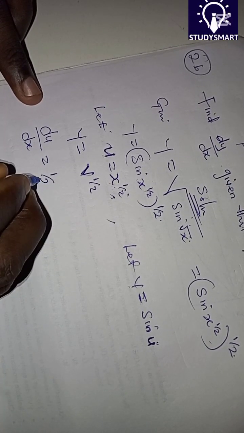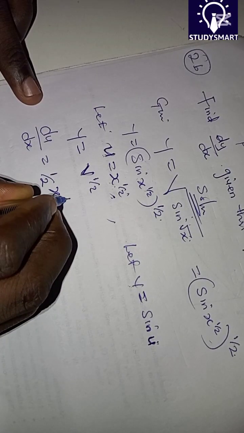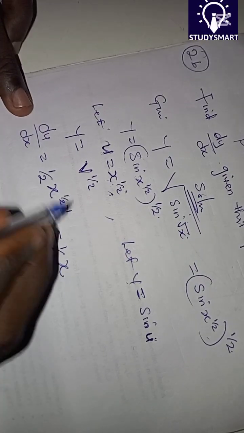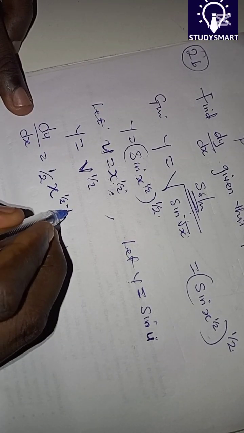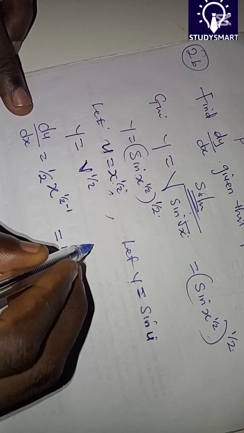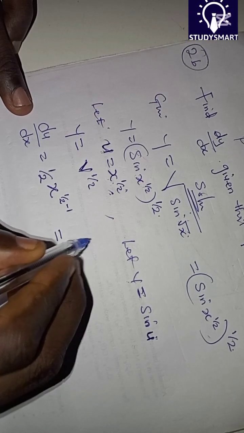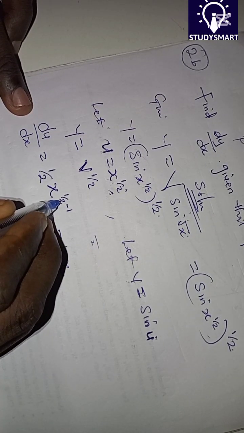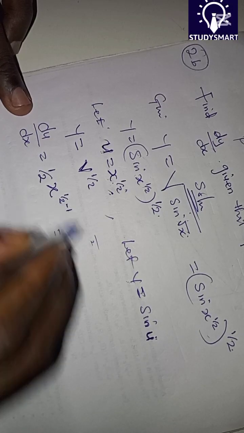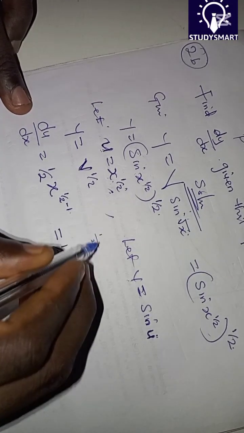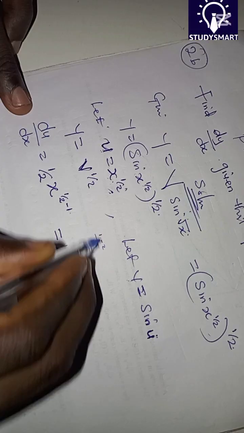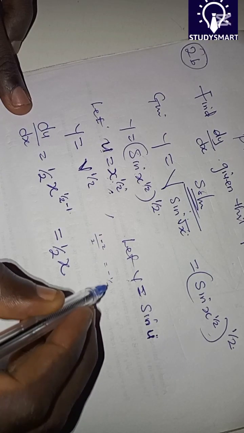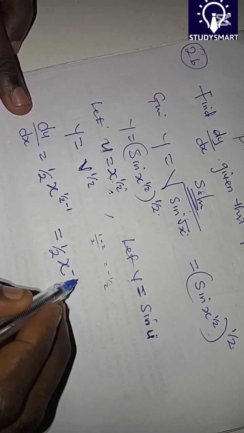I'll have 1 over 2 x raised to the power 1 over 2 minus 1, which is going to give me 1 over 2 x raised to the power, with LCM 2, 1 minus 2 over 2, giving minus 1 over 2.